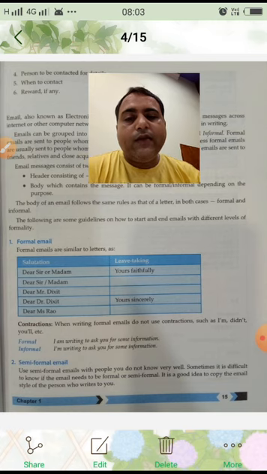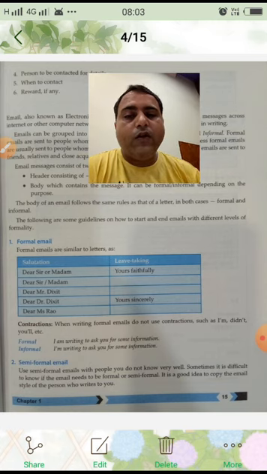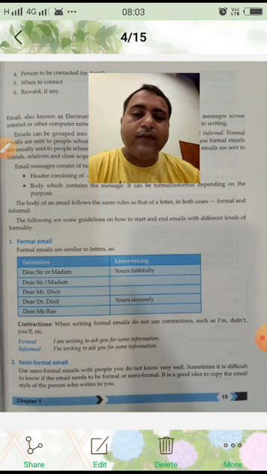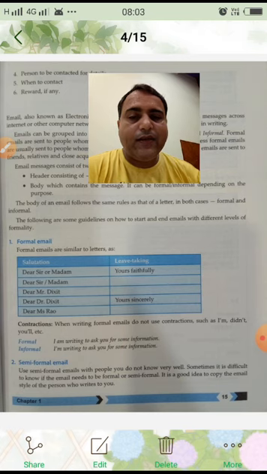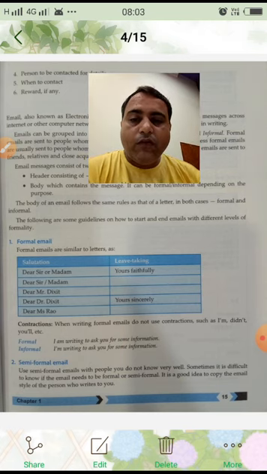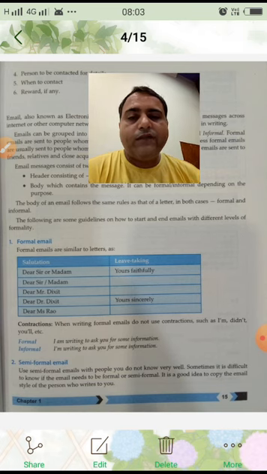Okay, and then dear sir or madam, or dear Mr. Dikshit, that is, any surname you can write of the person to whom you are sending an email, and then dear Dr. Dikshit or dear Miss Rao. So in this way you have to write the salutation in your formal email.